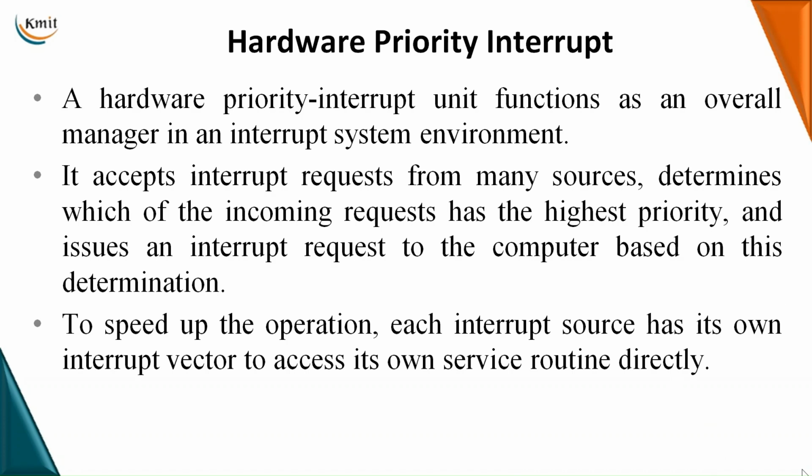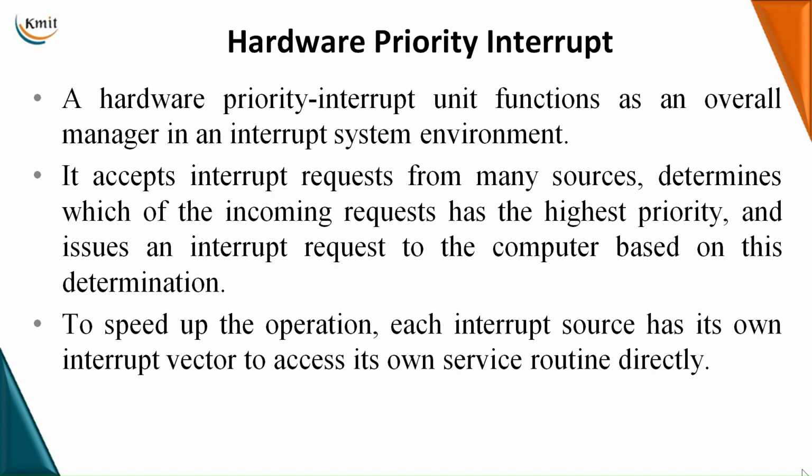Then this hardware-based approach will receive the interrupts from all three devices at the same point of time, first understand which device has the highest priority out of these three, and then that particular device's interrupt request will be sent to the CPU. Only that device's interrupt signal will be sent by the hardware unit to the CPU, not all the interrupt requests.